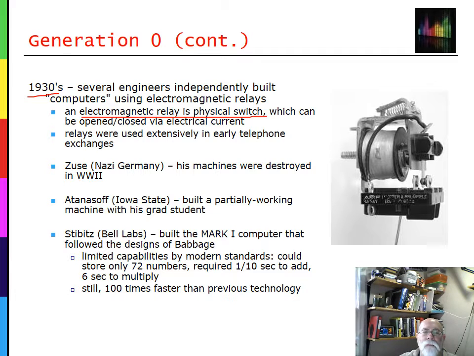At the same time that the U.S. was making these advances, England was making advances, Nazi Germany was, and at Ohio State and in Bell Laboratories, you begin to see a giant jump. And using the Mark I computer, they followed the designs of Babbage and produced the Mark I computer.